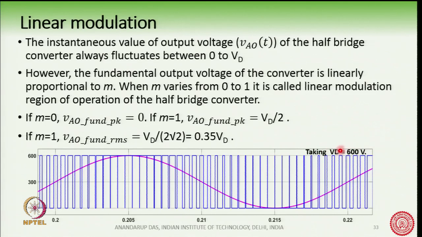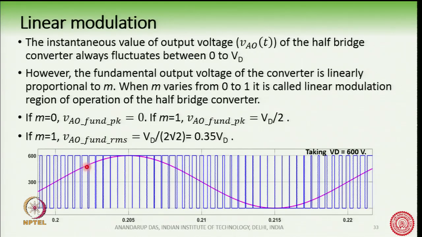Vd is a 600 volt DC bus. This is typical for 400 volt, 415 volt 3 phase AC. So, the VAO(t) is varying between 0 and 600.